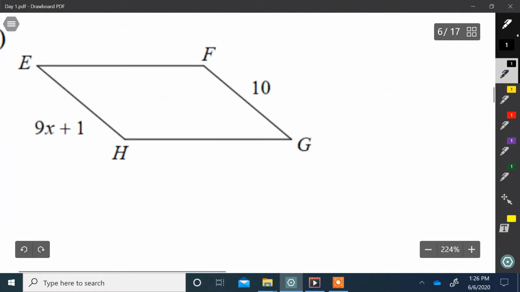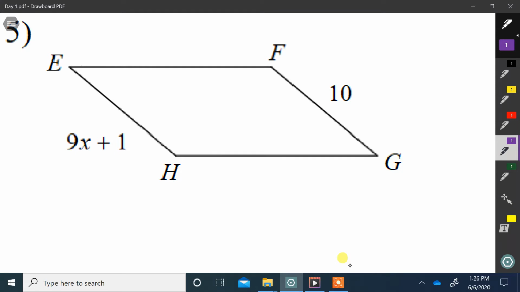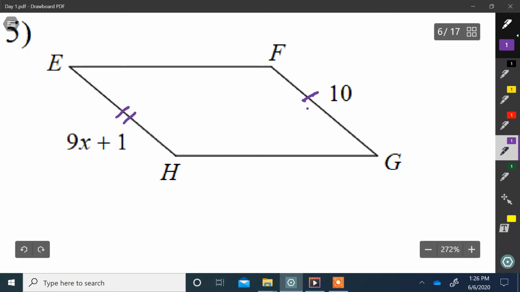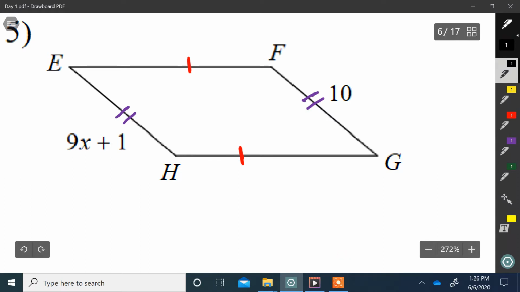Some of the conditions for parallelograms, I forgot to tell you this one, but logically, it makes sense. One of the conditions is that this is congruent to that right there. And we also have, of course, that this is congruent to that. That's another thing that we should know about.